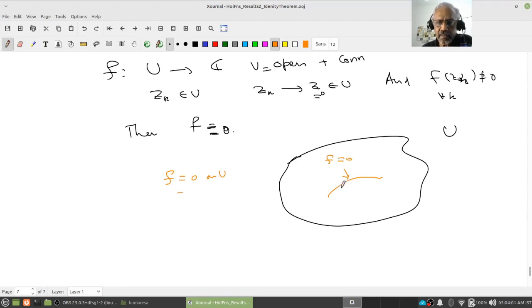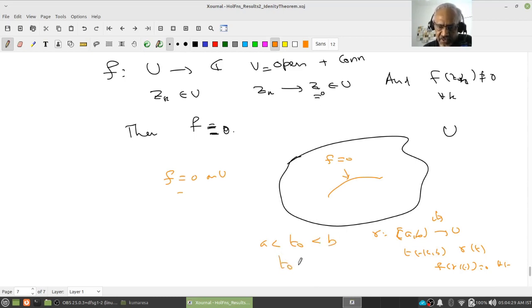Why? Because when you think of an arc, think of this as some open interval (a, b) mapped to U, perhaps. It's a continuous thing. Then for each t in (a, b), you have gamma(t), and f of gamma(t) is 0 for all t in (a, b). Now start with any t_0 with a less than t_0 less than b.